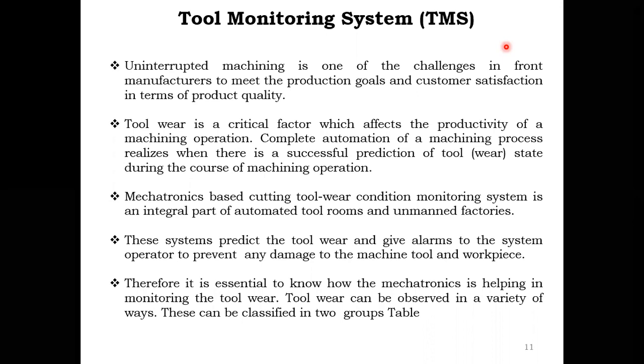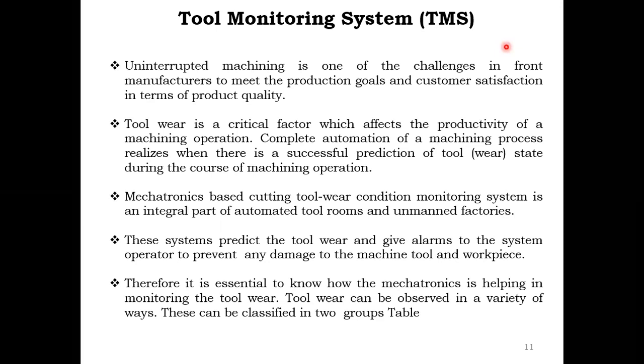Tool wear is a critical factor which affects the productivity of a machining operation. The complete automation of a machining process is realized when there is a successful prediction of tool state during the course of the machining operation.